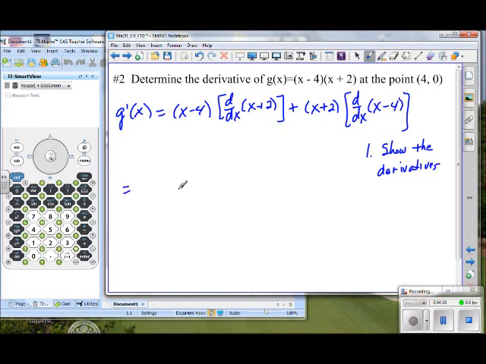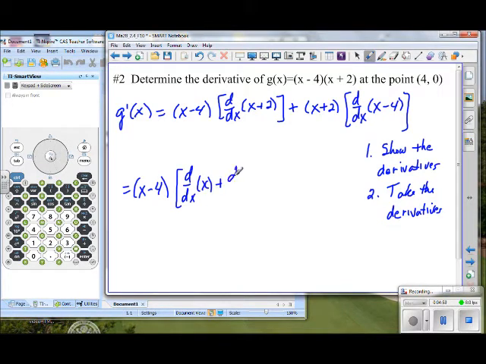Now the second step is to actually take the derivatives, or simplify, whatever term you want to use. So we have x minus 4, and then the derivative of x plus 2. Remember, we take the derivative of the first term, so we have the derivative with respect to the input variable x, plus the derivative with respect to x of the second term, plus x plus 2.